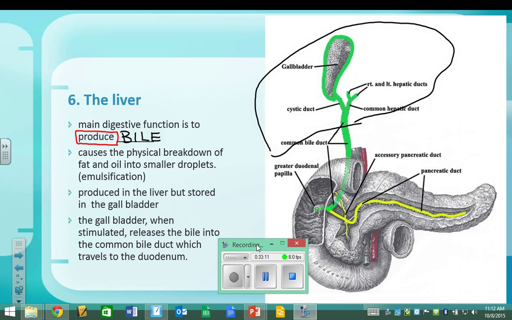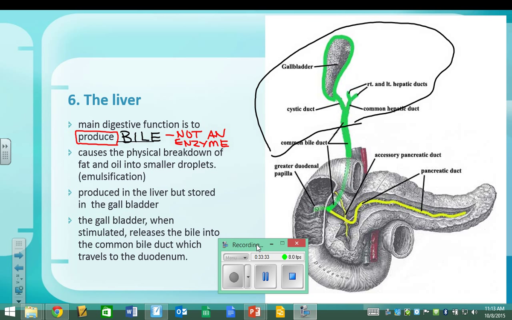Now, what is bile? Bile is not an enzyme. It often gets categorized with enzymes because it's a digestive fluid, but it is not an enzyme. It is not for chemical digestion.